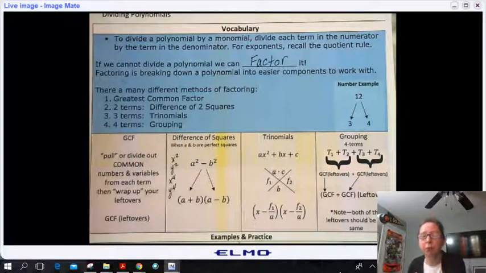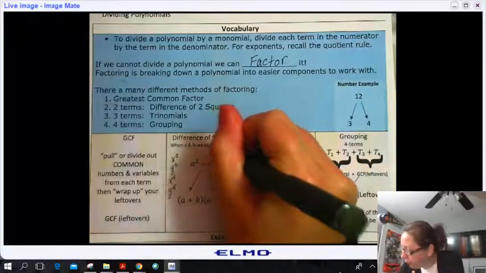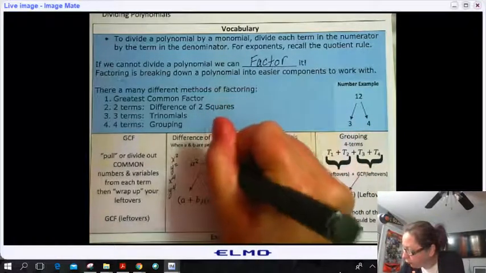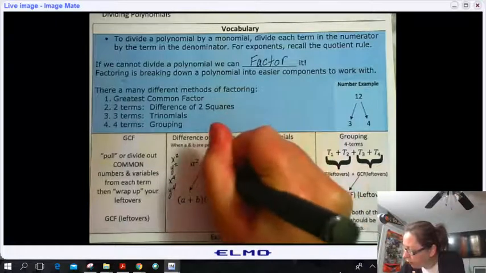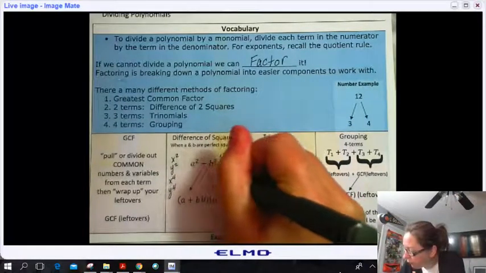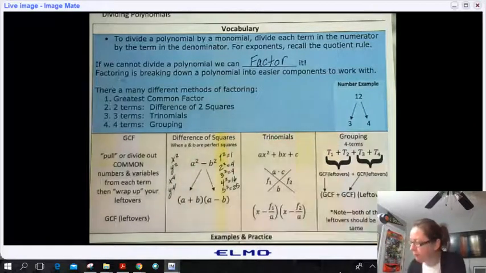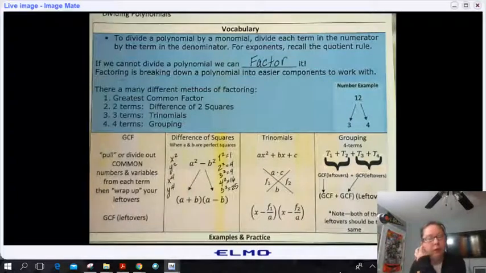On our numbers side, the different numbers that we have that could be squared: 1 squared is 1, 2 squared is 4, 3 squared is 9, 4 squared is 16, 5 squared is 25. And the whole list continues.